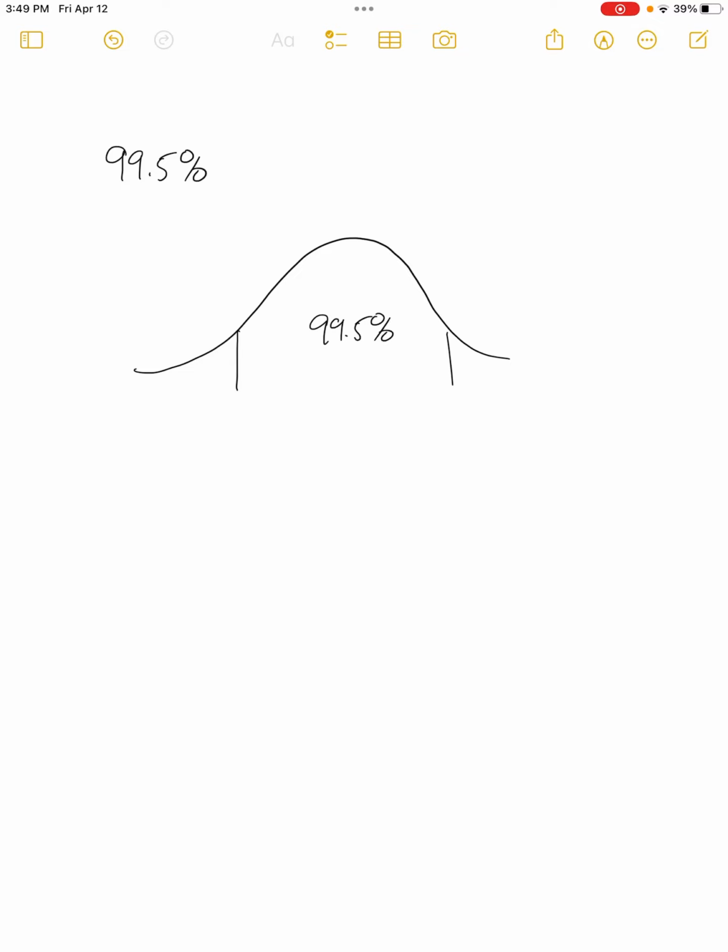Well, if 99.5% is in the middle of this chart, there is some leftover for the 100%, namely 100% minus 99.5% leaves us with a leftover 0.5%. And that 0.5% is split up, right? Where 1/4% is down here and 1/4% is up here. So 0.5% divided in half is 0.25%.